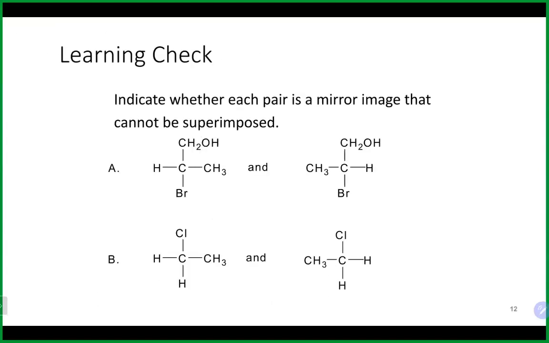All right, so let's finish up with this one. Indicate whether each pair is a mirror image that cannot be superimposed. Almost a double negative, I think, that question. To help us decide, we should decide, are these chiral carbons or not? So that is a group that's different than that one, that's different than that one, that is different than that one.